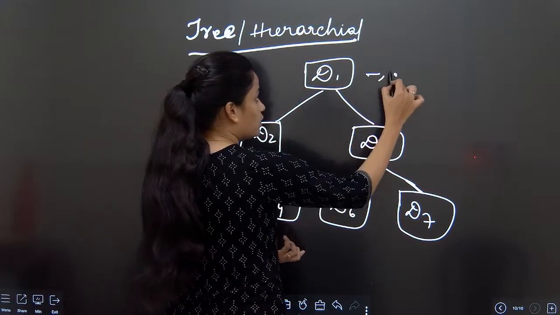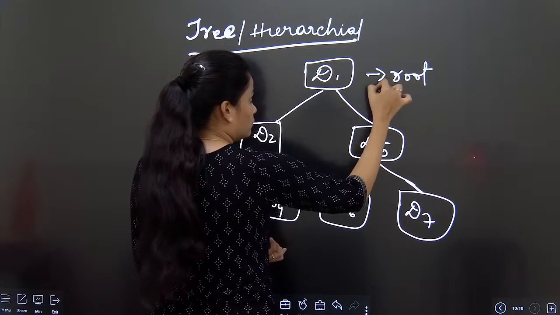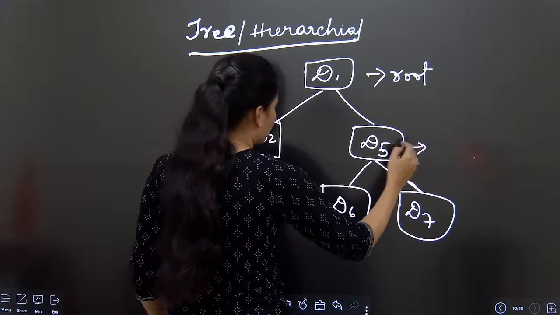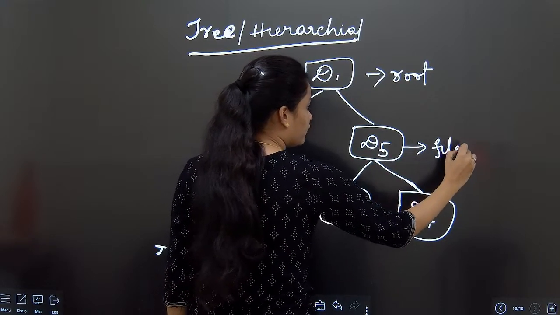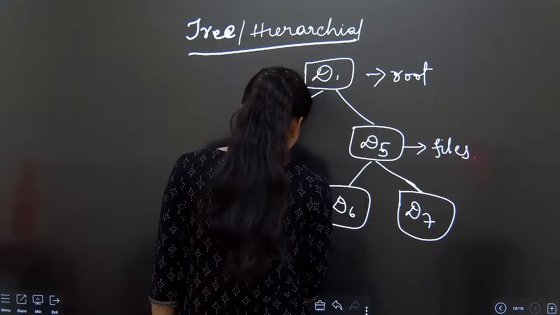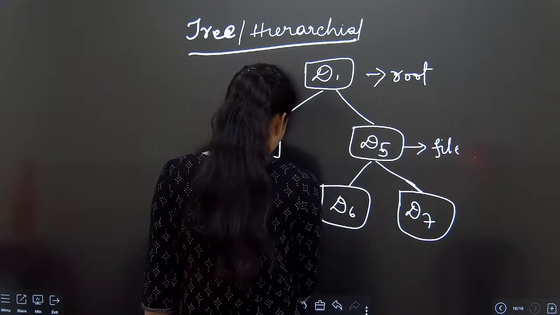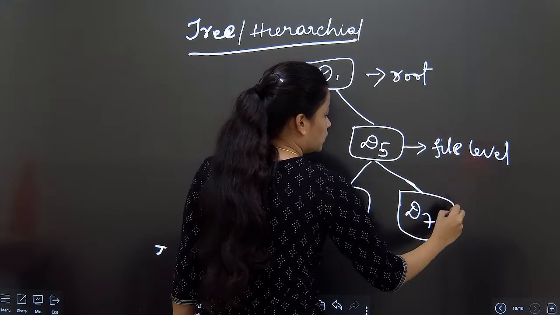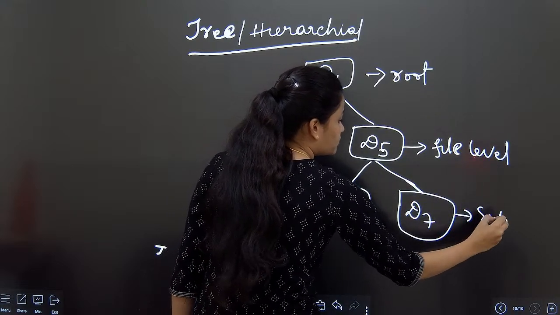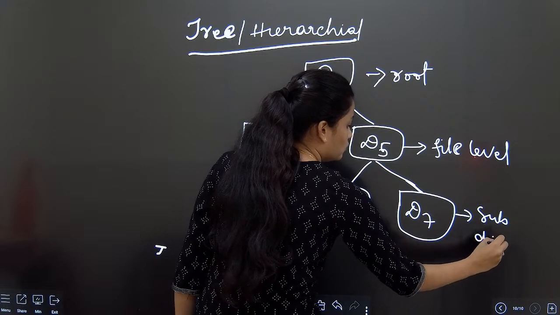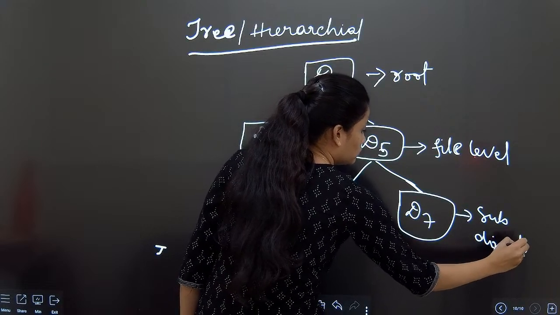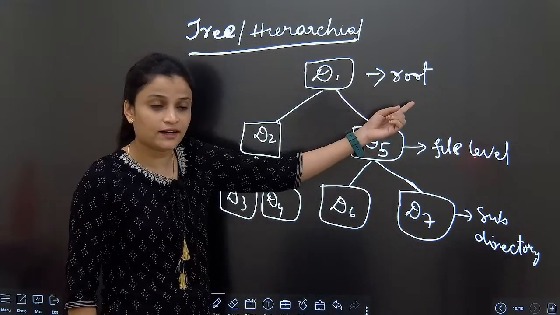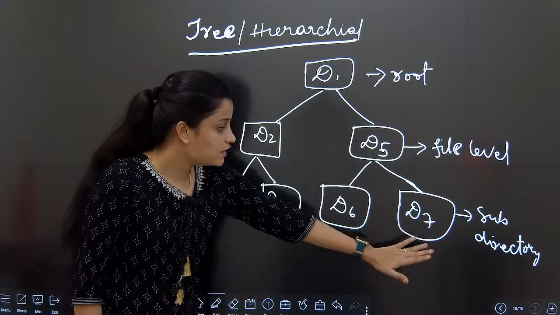This is the root level directory. These are file level directories. And these are subdirectories. It is present in the form of trees. Root level directories, file level directories and subdirectories.